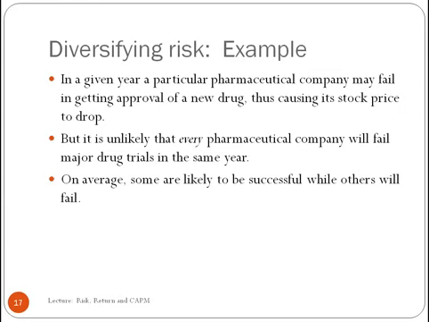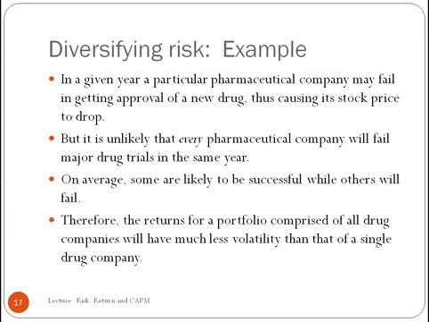On average, some are likely to be successful while others will fail. Therefore, the returns of a portfolio comprised of all drug companies will have much less volatility than that of a single drug company. In other words, it might be better for us to invest in a portfolio of drug companies if we're interested in the pharmaceutical sector, rather than just pick one.